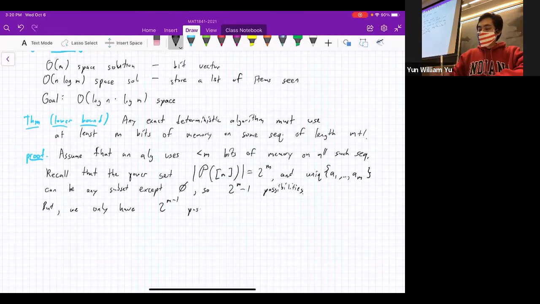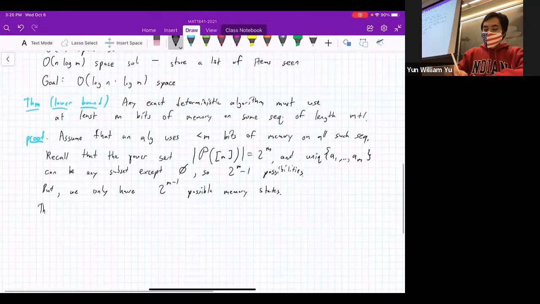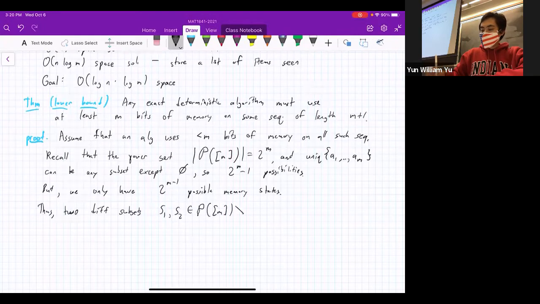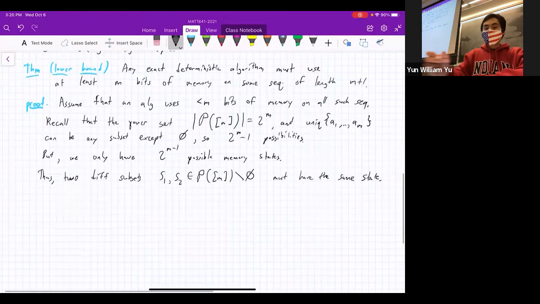So by pigeonhole, two different subsets S1, S2, which are both in this power set, must have the same memory state. And this is just by pigeonhole.